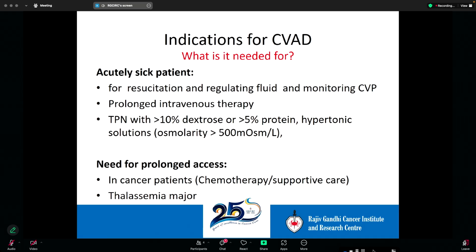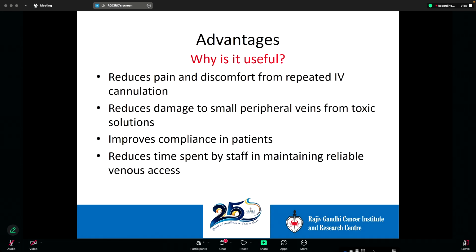The veins are all blocked with repeated cannulation. Also in some cases, in children with thalassemia major, in some places, especially in the West, they would put a Hickman catheter so that blood transfusions can be given frequently every month till the child is able to go for a transplant. So definitely it improves patient compliance.